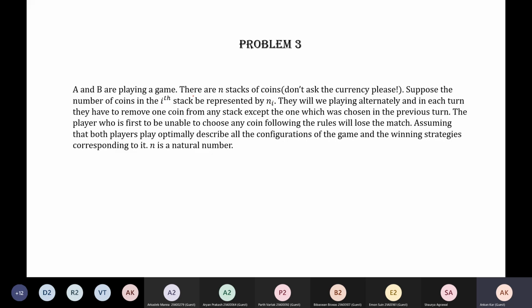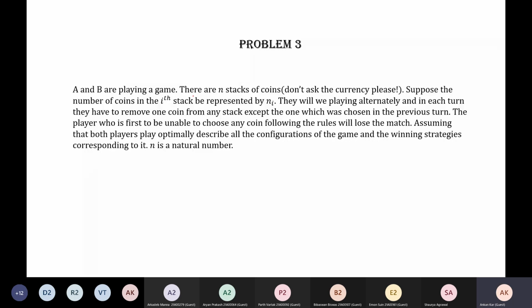Read this question properly. A and B are playing a game. There are n stacks of coins. Suppose the number of coins in the ith stack is represented by ni. There are n stacks of coins, and you can take one coin from any of the stacks.